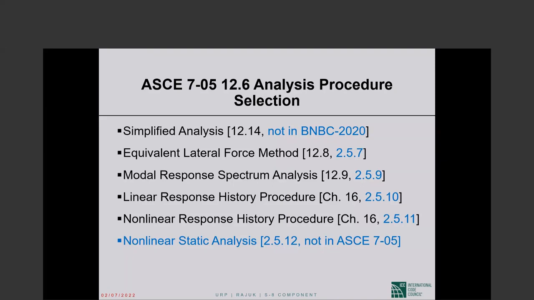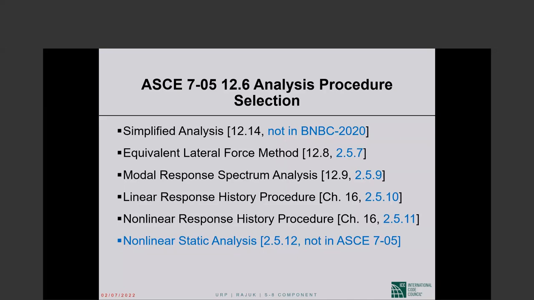Nonlinear response history analysis has undergone a lot of work in ASCE 7, and in ASCE 7 chapter 16, you will find pretty much the state of the art of nonlinear response history analysis.